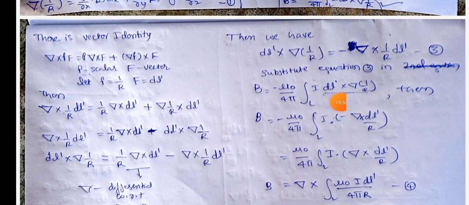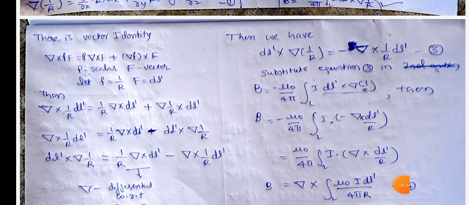By using this vector identity, we got dl dash cross del of 1 by r equal to minus del cross (1 by r dl dash). So dl dash cross del of 1 by r is replaced by this term, and that term is substituted here. This term contains minus gradient cross, so it is taken outside the integral, and mu naught by 4 pi is moved inside the integral.